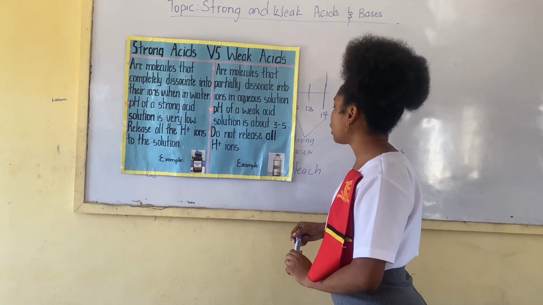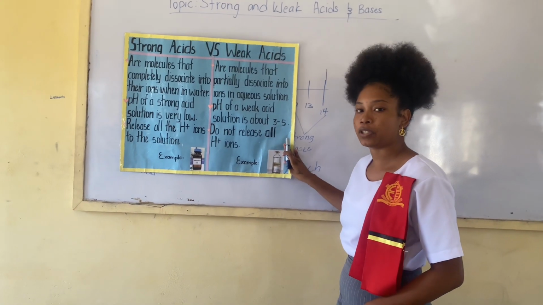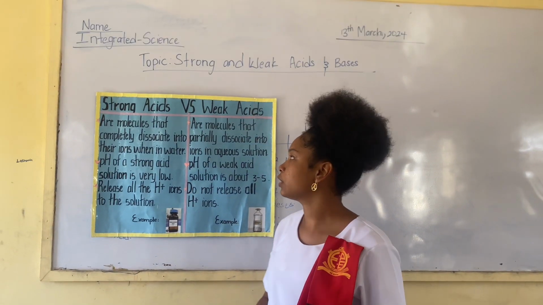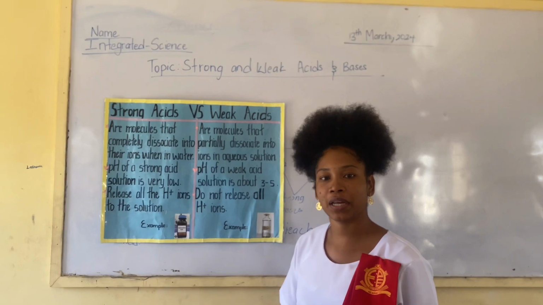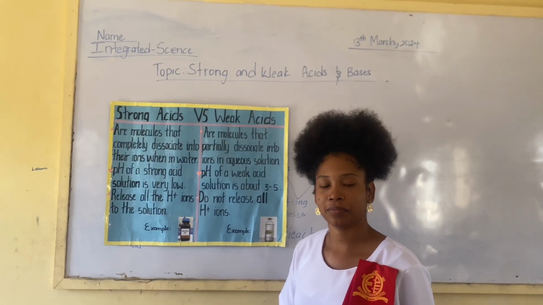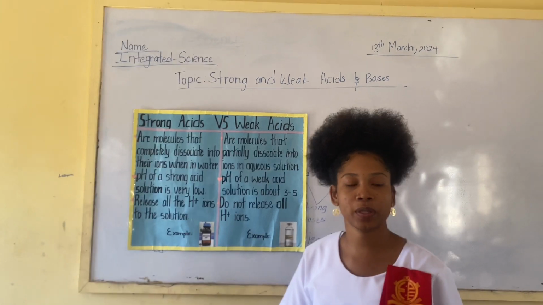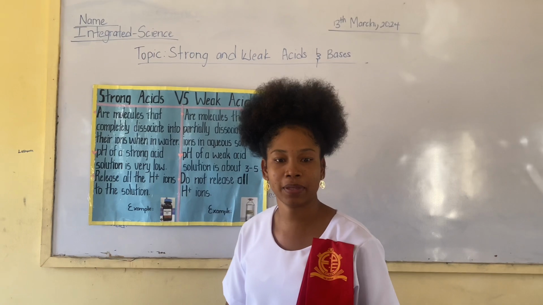An example of weak acids would be vinegar, and I have a picture here to show. Okay, so are there any questions on strong acids versus weak acids? Okay, since there are no questions, we will move right on to strong bases versus weak bases.